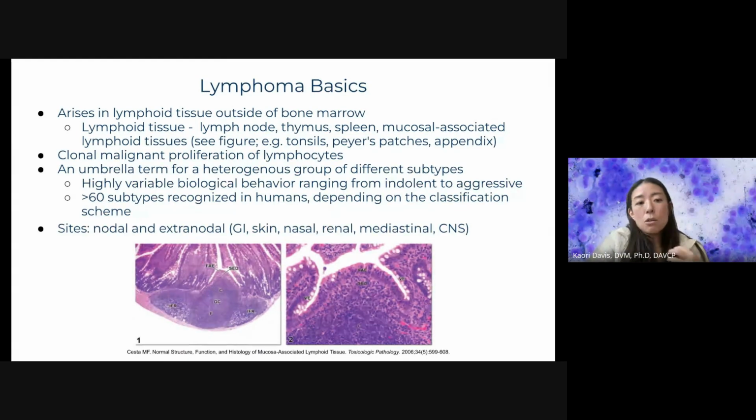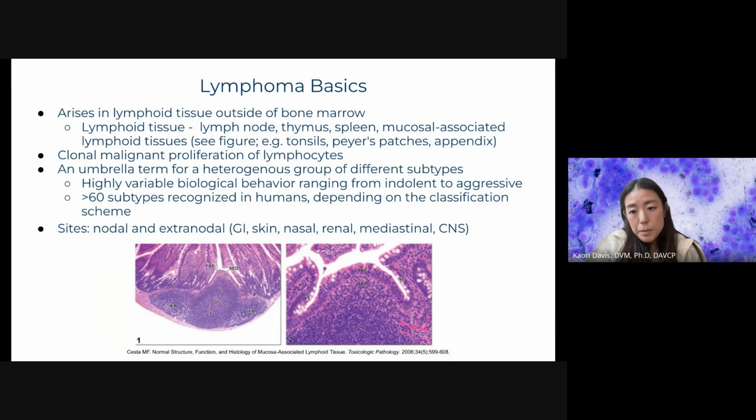Lymphoma is a clonal and a malignant proliferation of a single lymphocyte that underwent neoplastic transformation. And we use the term lymphoma, but this is actually an umbrella term for this remarkably heterogeneous group of diseases. And we have so many different subtypes that we have recognized.